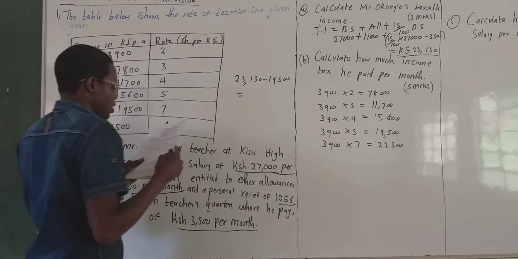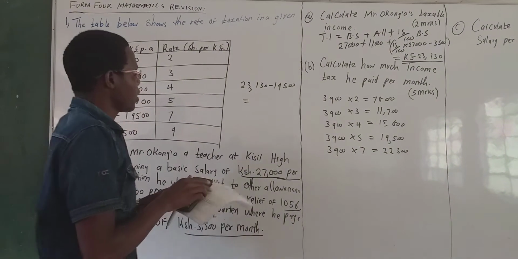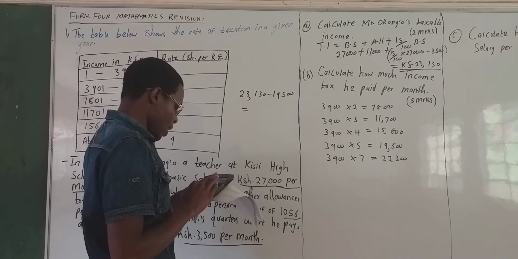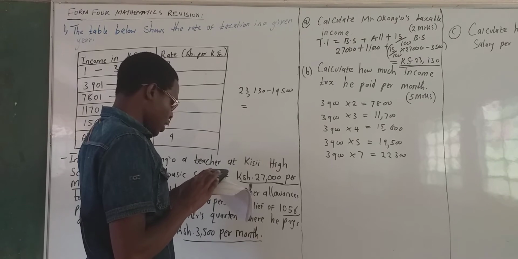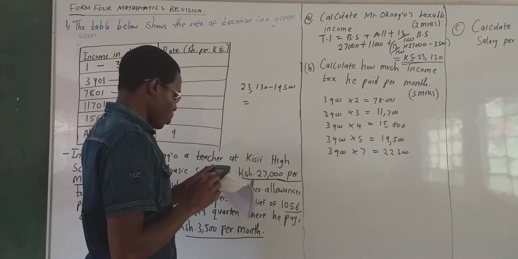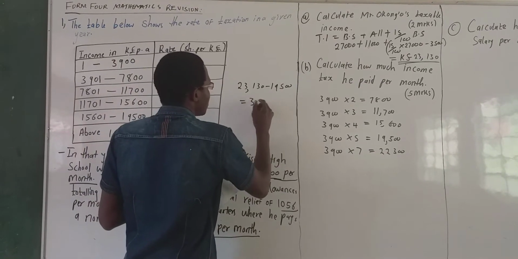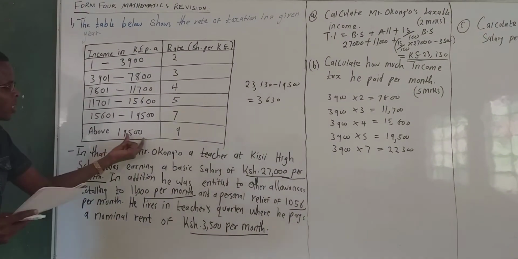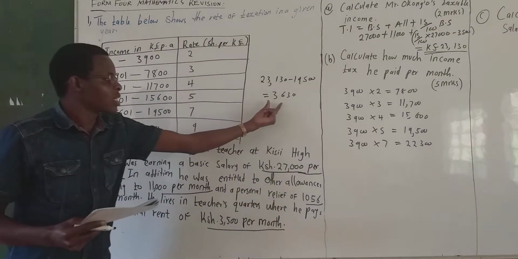You can use your calculator to do this one. 23,130 minus 19,500 gives us 3,630. So what is going to be deducted here in the last slot is that 3,630.